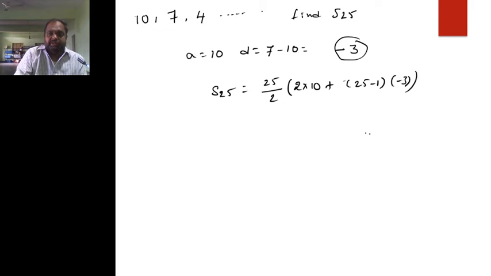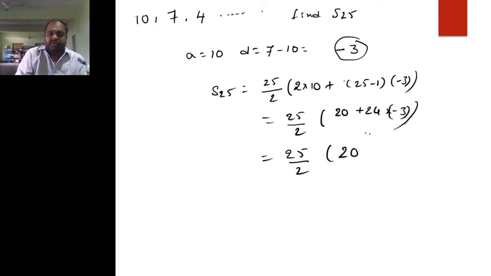That is equal to 25 by 2 into, don't cancel 2 and 2, 2 10s are 20, plus 24 into minus 3, okay? 25 by 2 into 20 plus minus 72, okay? That is equal to 25 by 2 into minus 52, okay? Because the bigger number's sign is minus, so minus 72 plus 20 will become minus 52.